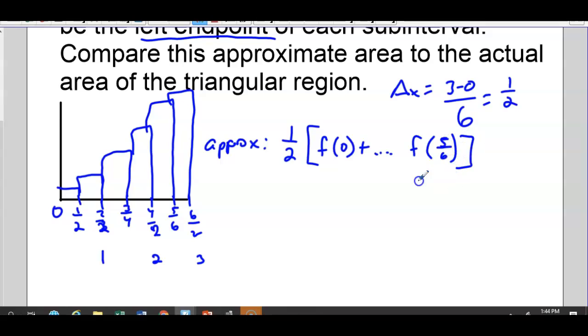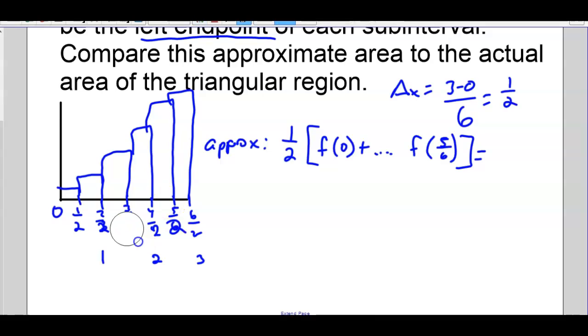Yeah, that's the right endpoint. We don't need the right endpoint for this one. So give that a try, and then tell me what you get for the approximation. Let me fix it again, because I keep writing the wrong thing. 2 halves, 3 halves, 4 halves, 5 halves. There we go. I was saying it but writing something else.